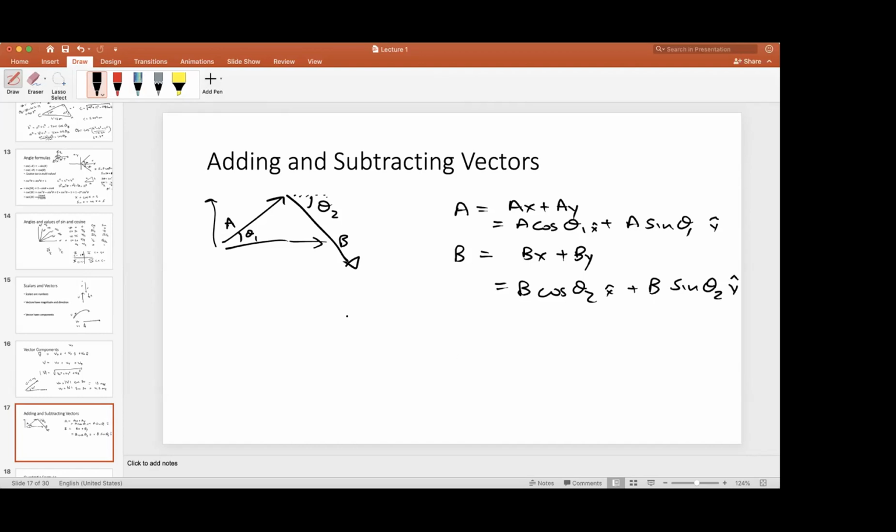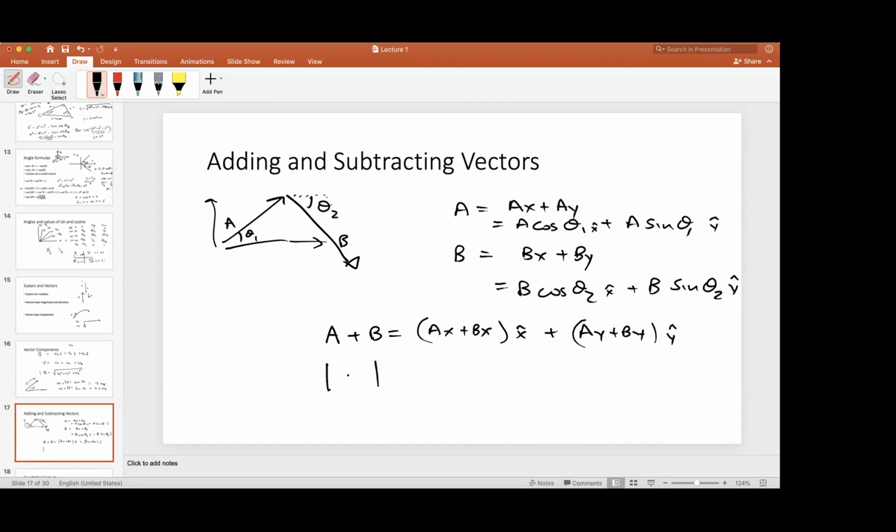And here's the thing. When we add these, we get A plus B is AX plus BX in the X hat direction, plus AY plus BY in the Y hat direction. If we were to subtract them, this would be minus and this would be minus, but you would still write them as added together.